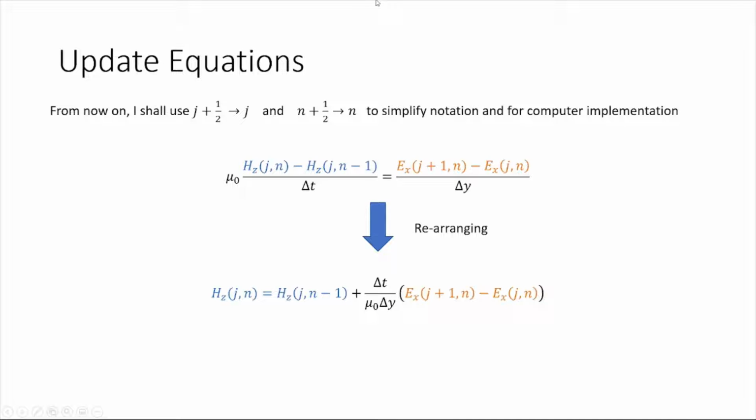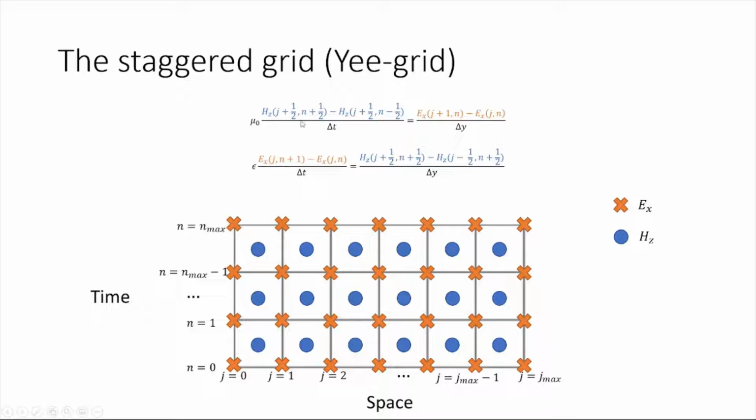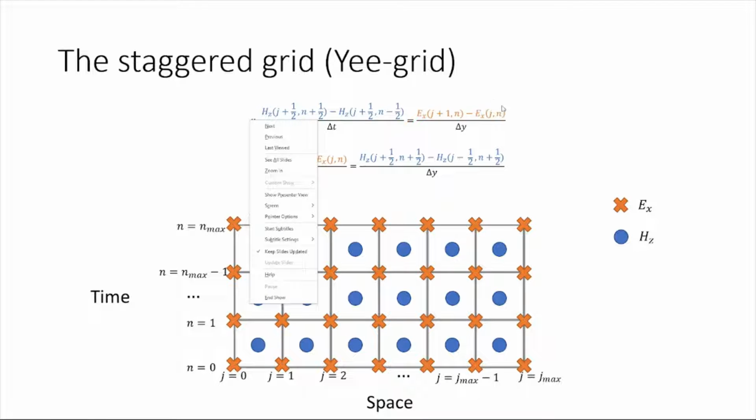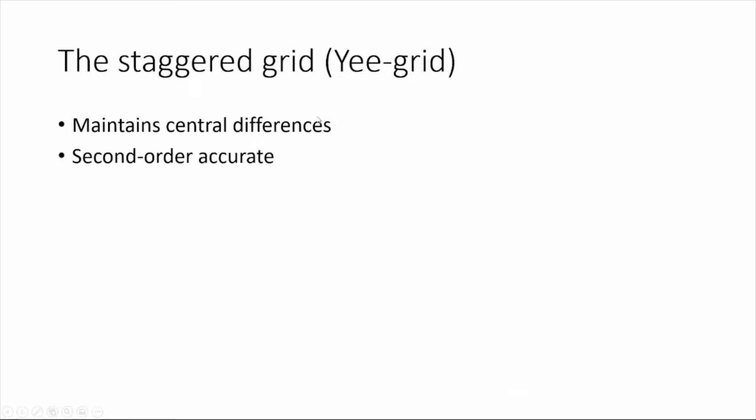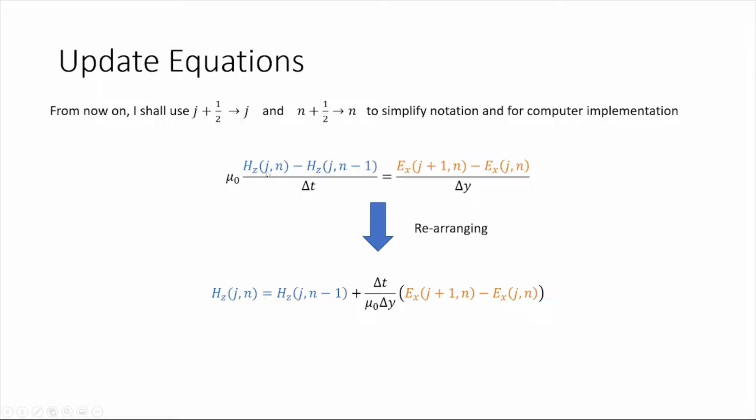All right, so if we take this formula here without the halves, of course, and we rearrange it, we can now solve for Hz at j, n. And all you need to know is Hz at j, n minus 1. So that's the previous time step.